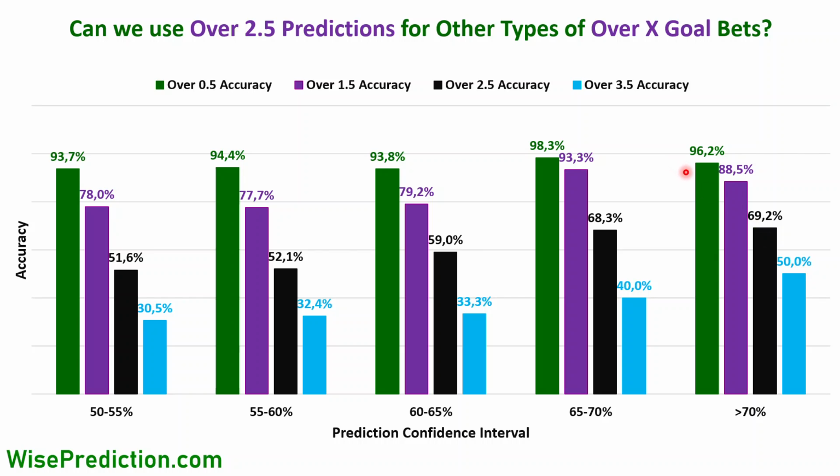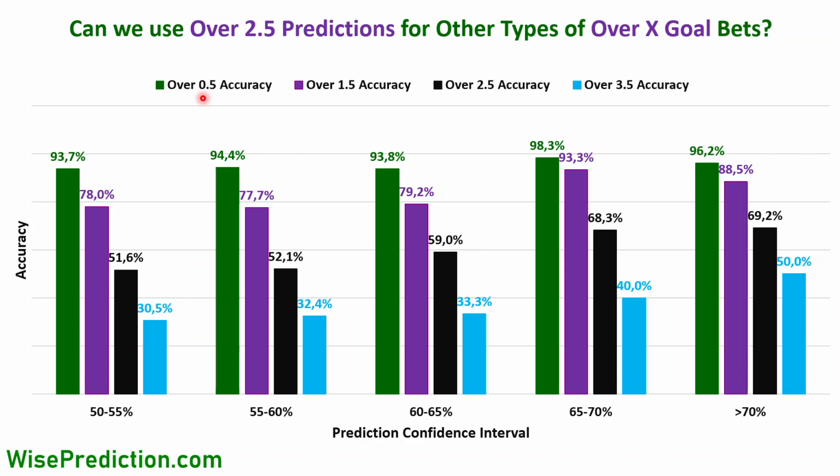For example, if the given odd for over 0.5 is only, say, 1.08, 1.1 maybe, and the odd given by the bookmaker for over 3.5 is, say, 2.4 maybe, the 50% accuracy will be enough to make profit in that regard compared to maybe over 0.5 here.